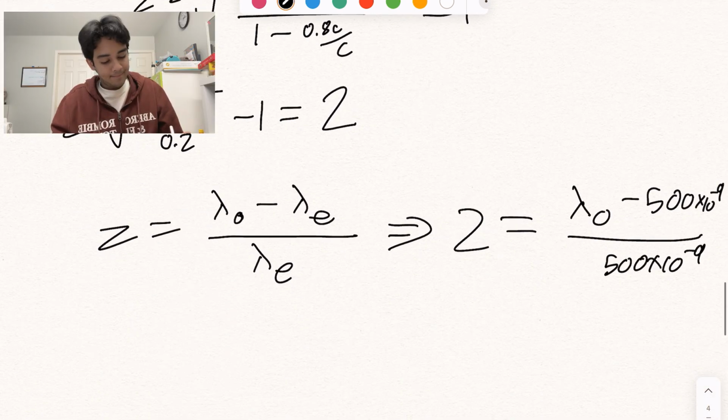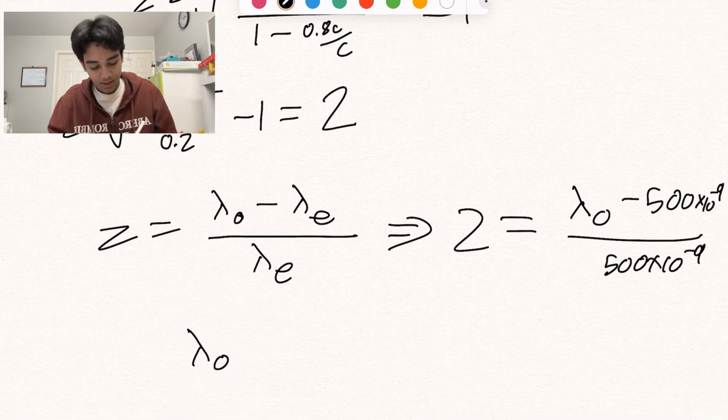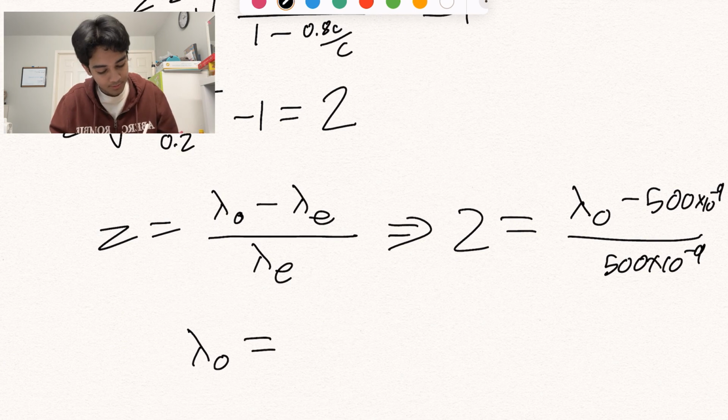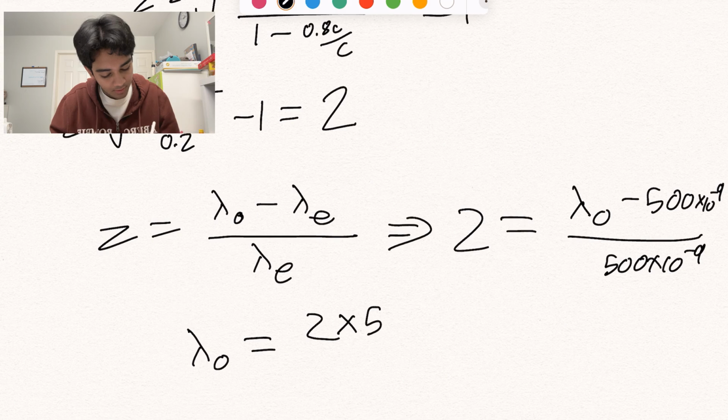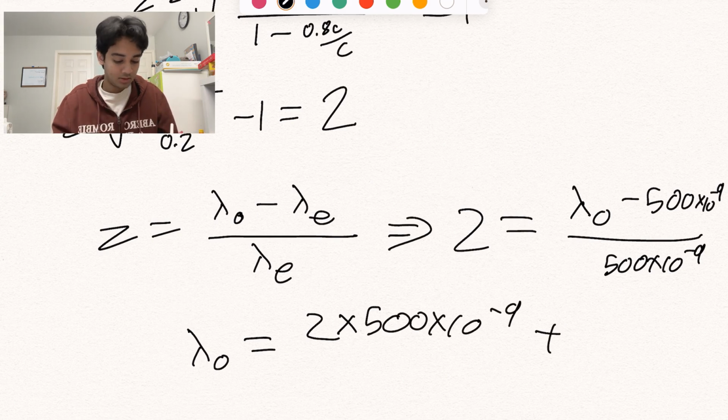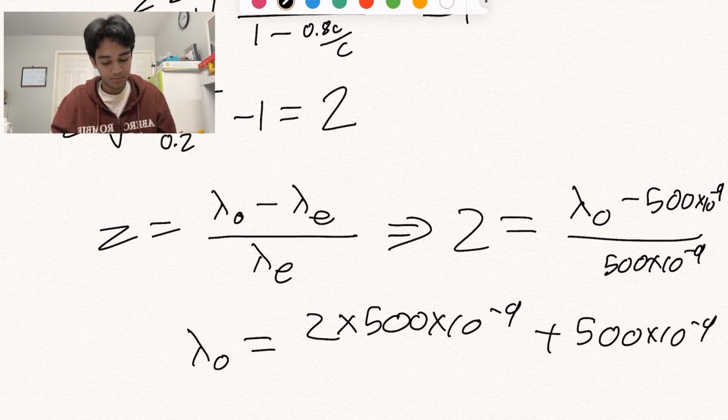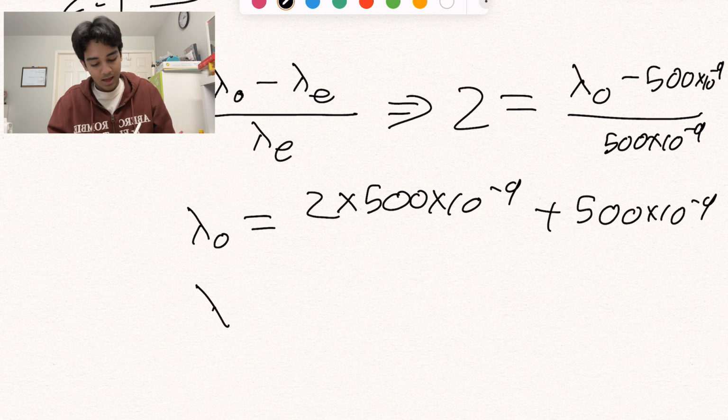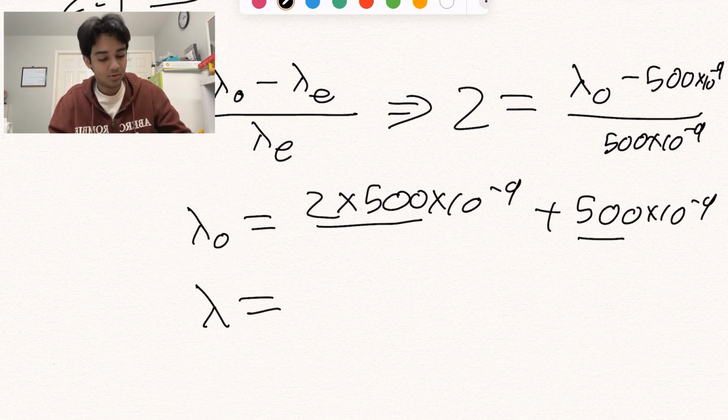Okay, now if we isolate for lambda observed, we have 2 times 500 times 10 to the power negative 9 plus 500 times 10 to the power negative 9. And if you add this, this is 1,000, this is 500.